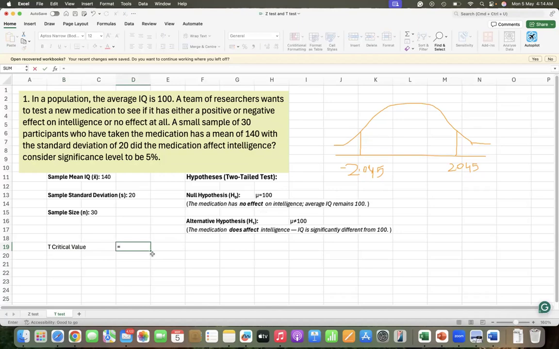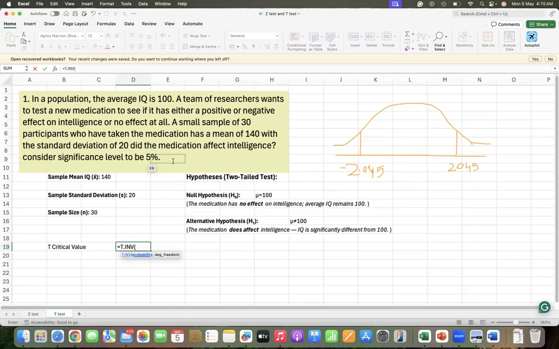T critical value is equal to T.INV of the probability. If the confidence level is 95%, the significance level is 5%. And if it is a two-tail test, it will be divided into two parts, 0.025 and 0.025.